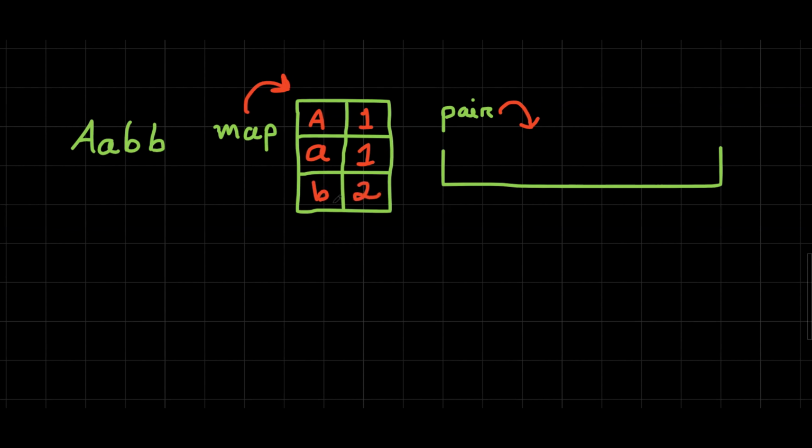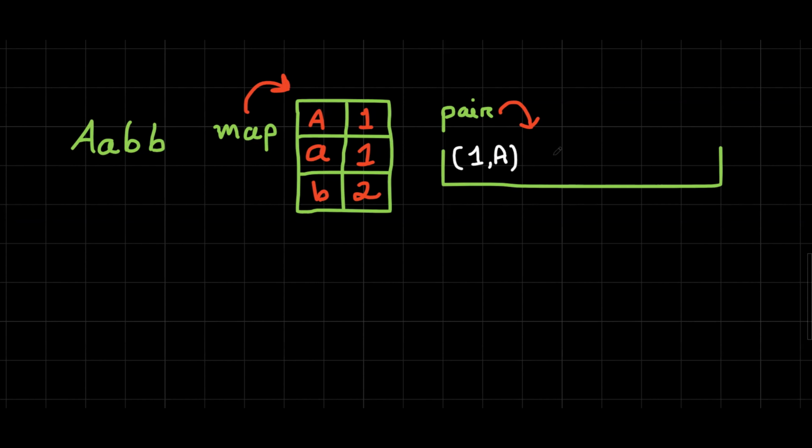Here we can say that the frequency of b in the input is 2. Now, we have to make pairs using these map entries. The pair will be: we put the value element at first, followed by the character.